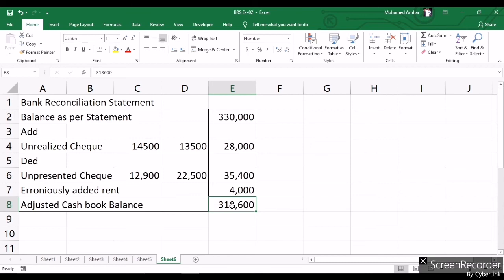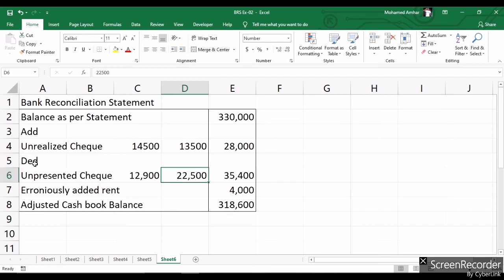So those two checks issued are not deducted from the bank, so they should be deducted. The unpresented checks should be deducted.